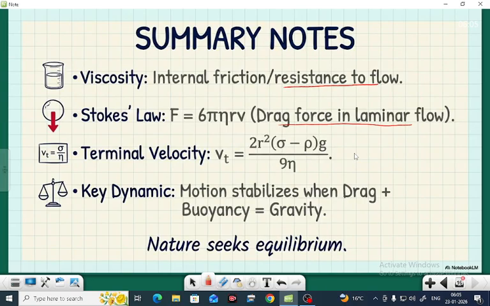Key dynamics: motion stabilizes when drag plus buoyancy is equal to gravity, nature's equilibrium.